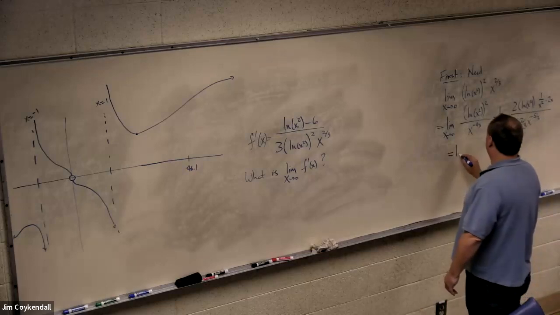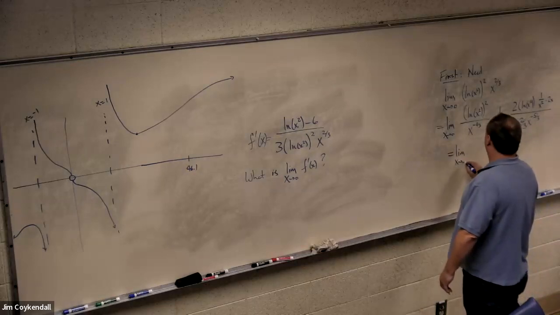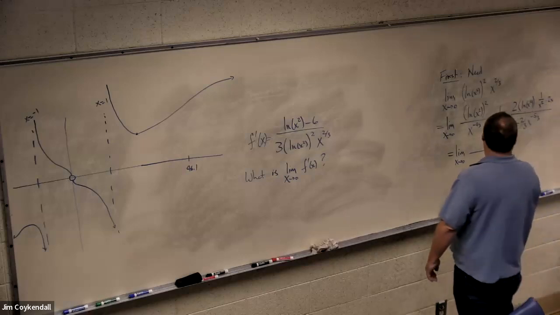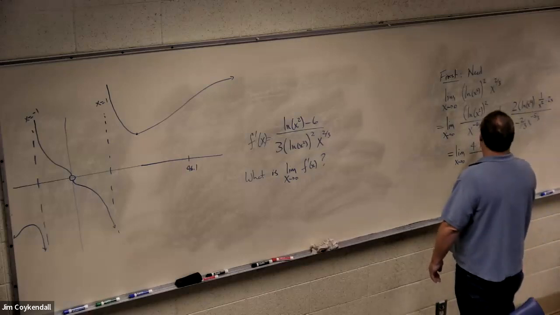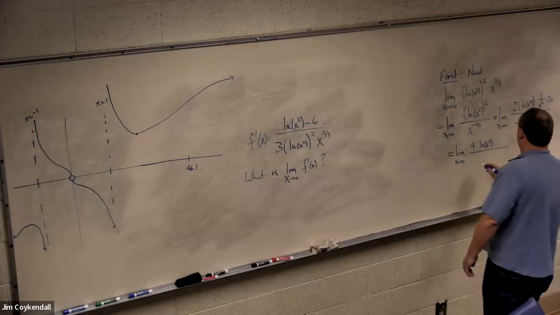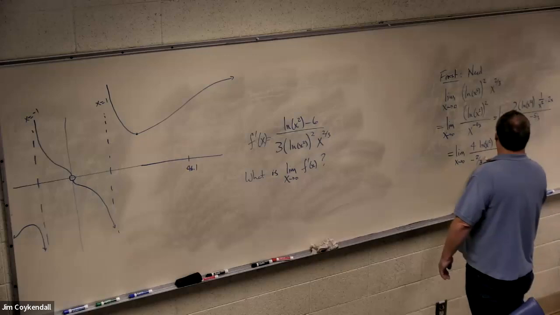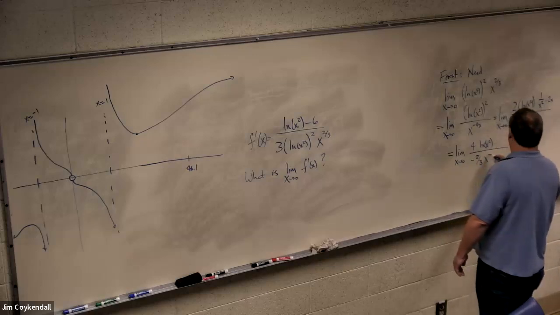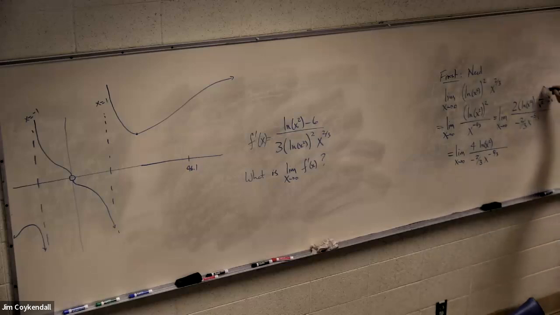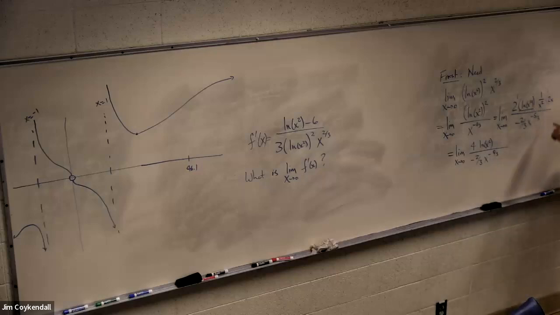So as x goes to 0, I need to clean this up a little bit. It's going to be 4 times natural log of x squared over minus 2/3 x minus 8/3. That 2 times 2 gives me that 4. Log x squared is here. I've got an extra 1 over x. So that puts an extra power of x in the bottom.